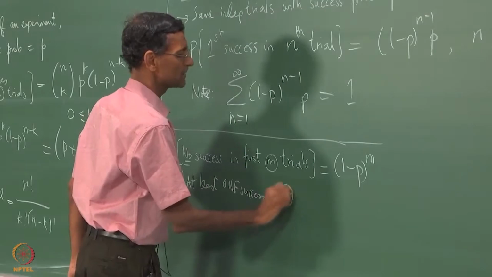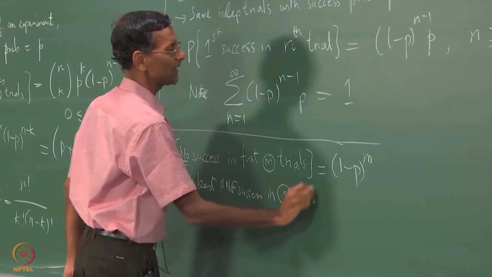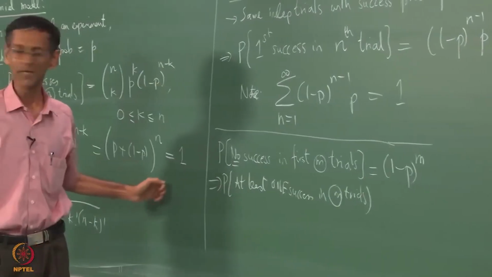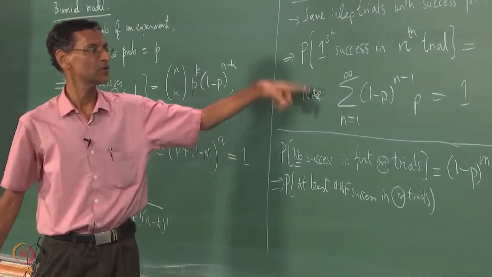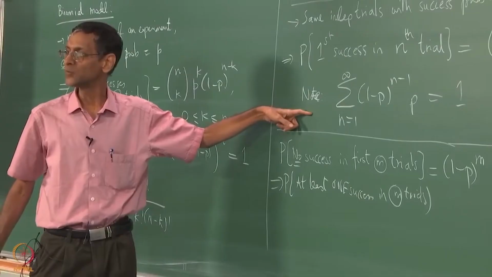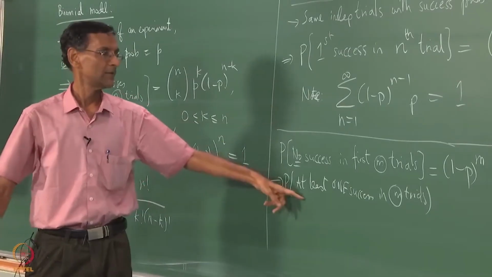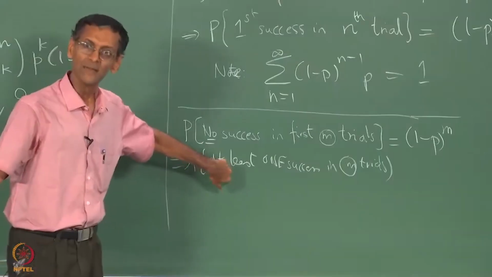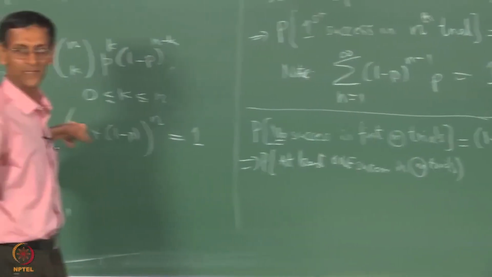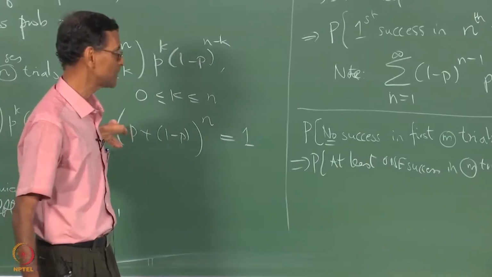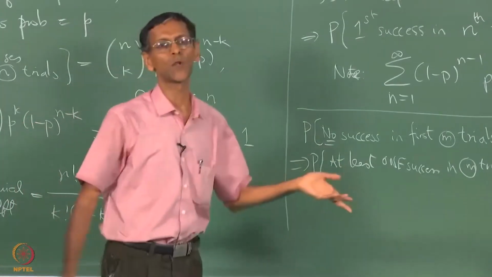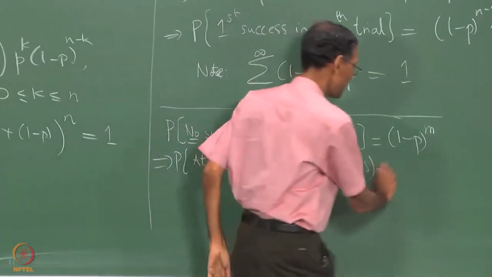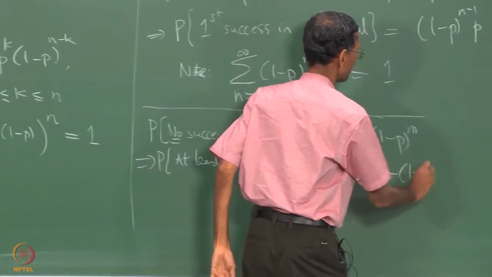in m trials. And this can only be obtained from here, because here you are saying I am going to stop if there is one success, but here we are saying that we are going to go for m trials anyhow. So this is obtainable from here, which is basically 1 minus the probability of no success. So this is going to be 1 minus (1 minus p) to the power m.